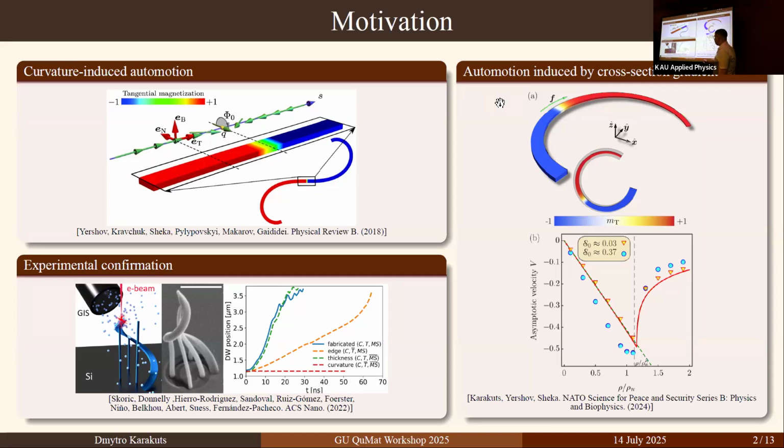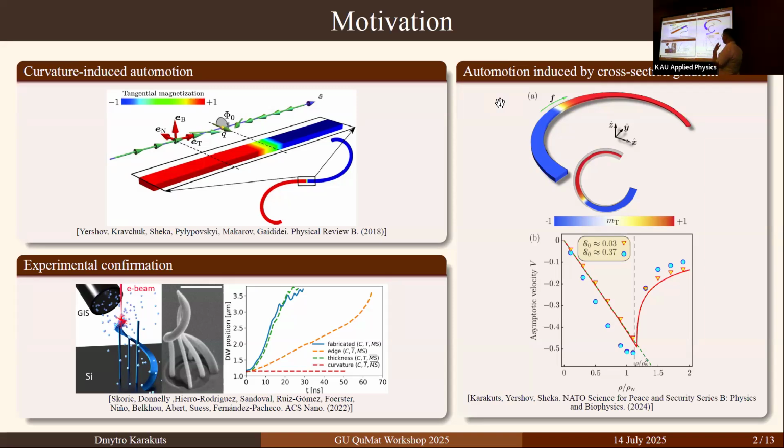Recent experiments constructing these systems have shown that indeed the curvature can manipulate the domain wall motion. However, they have also shown that even slight changes in cross-sectional area can have a significant effect on the domain wall motion, and in certain cases can significantly overpower the effect of curvature, as shown here.